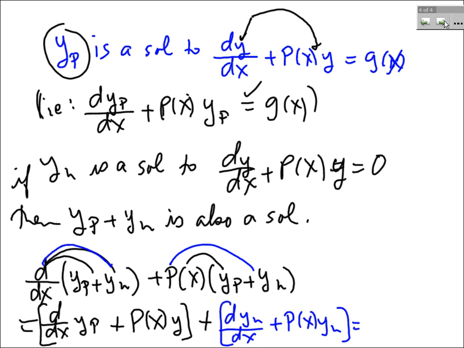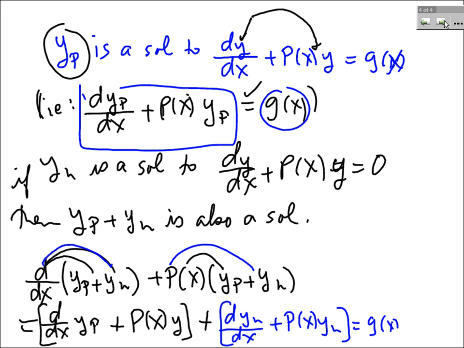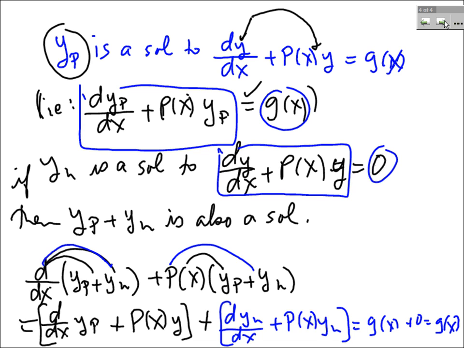Now, that first bracket to the left, that's g of x. That's what we said earlier. And what's in the blue bracket on the bottom equals 0. And g of x plus 0 is g of x. If you have a particular solution, you can always add the homogeneous solution.